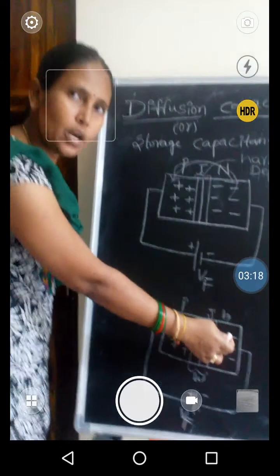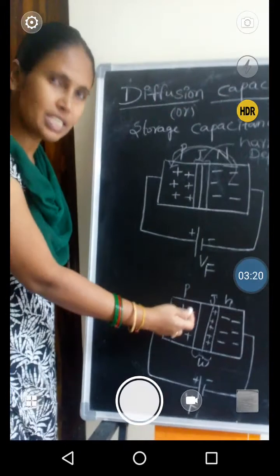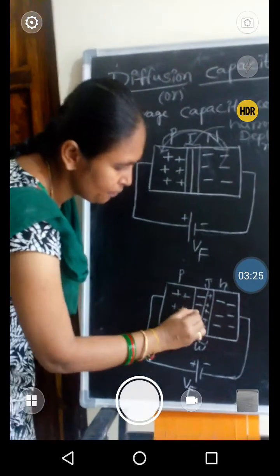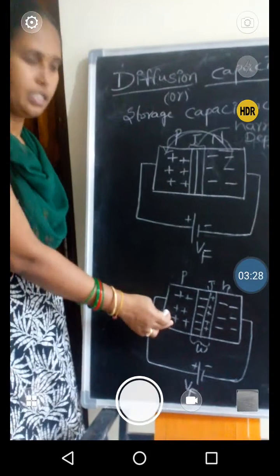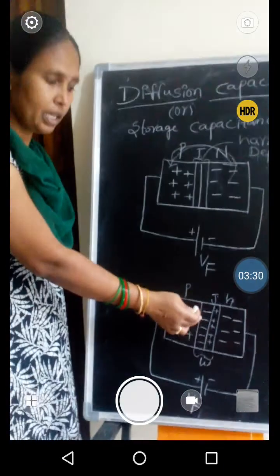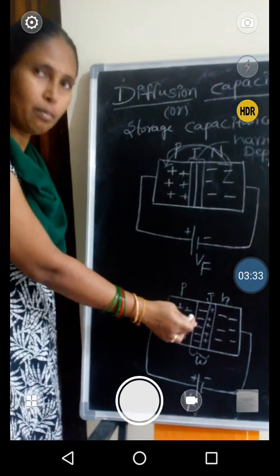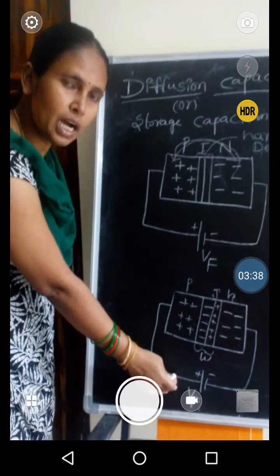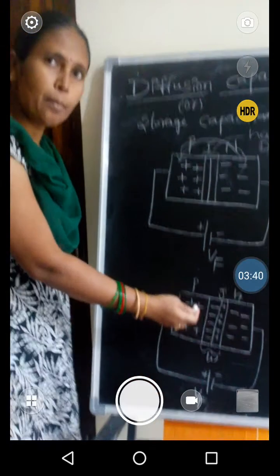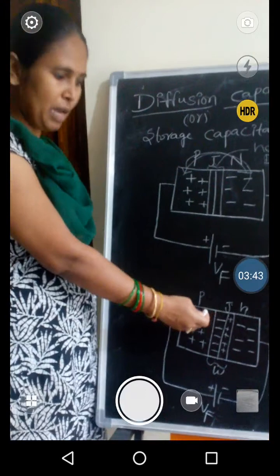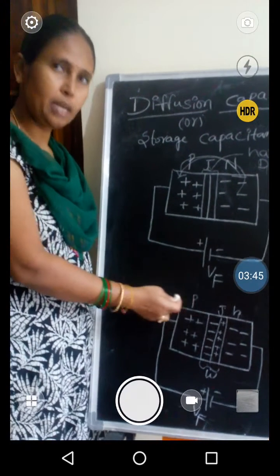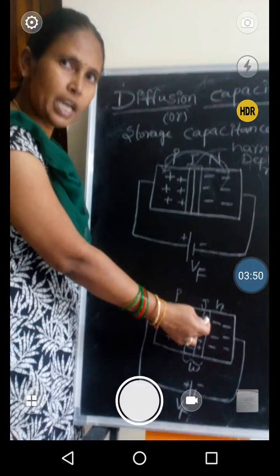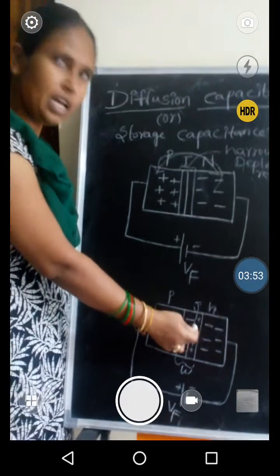Similarly, the majority carriers in the n-type region, electrons, diffuse across the junction, and near the junction in the p region a concentration of negative immobile ions is formed. If we apply more forward voltage to the p-n junction diode, many more negative immobile ions form near the junction in the p-type region, and many positive immobile ions form in the n region near the junction.